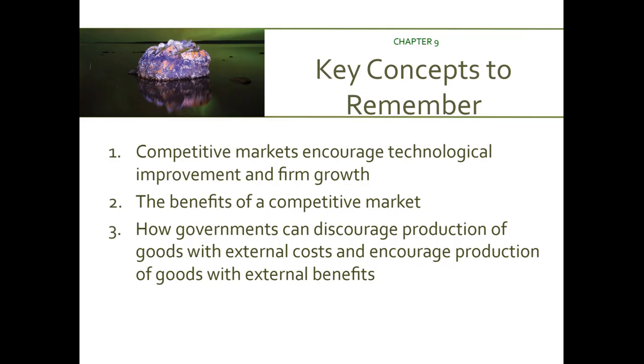So we have completed particularly this last concept, that how governments can discourage production of goods with external costs and encourage production of goods with external benefits. But you must remember one important thing in this chapter, that is, it does not matter on whom the tax is imposed.